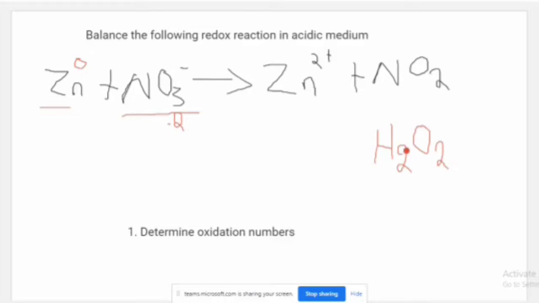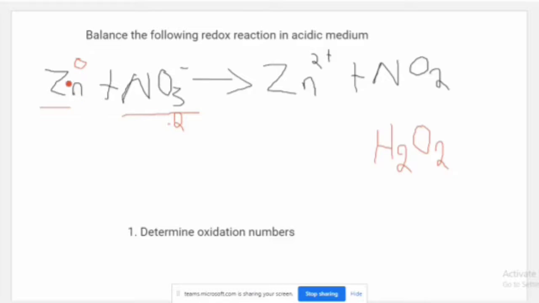Just a minute. Zinc doesn't have any oxidation number, it's 0. If zinc is neutral, then its oxidation number is 0. In this case, you can see zinc doesn't have any charge, so the oxidation number for this zinc is 0. This also applies to any neutral element.